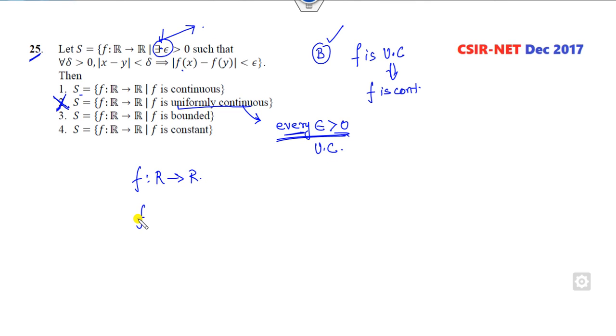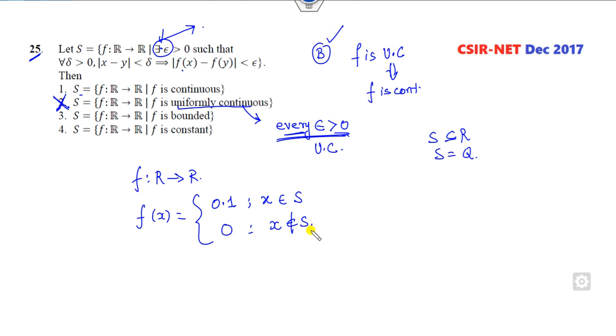That's very simple. You can construct any function. Let's say f is 1 when x belongs to some subset S, where S is a subset of R, or you can say S is Q, and 0 when x does not belong to S. Then what is f(x) minus f(y)? It is either 0 when both are in the same set, otherwise it is 1.